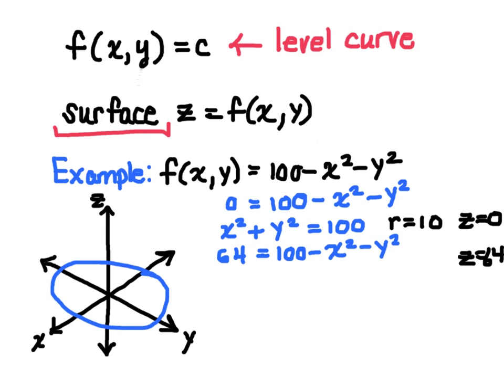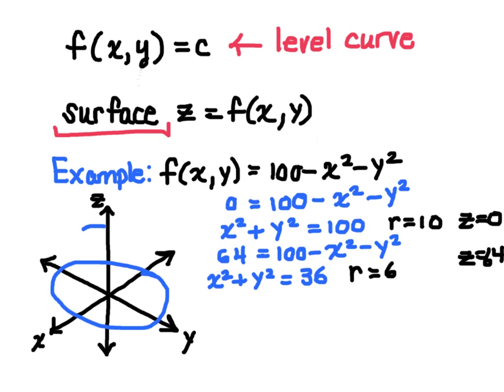And if we add x squared and y squared to both sides and subtract 64 from both sides, we have x squared plus y squared is equal to 36. In this case, we have a circle of radius 6. So that means that when z has a height of 64 up here, having gone from 0 to 64, our circle has a radius of 6.